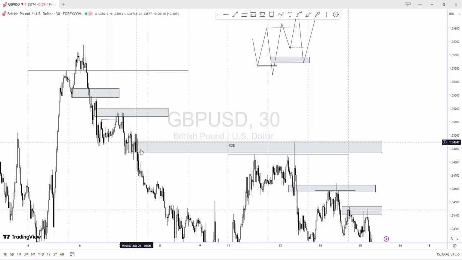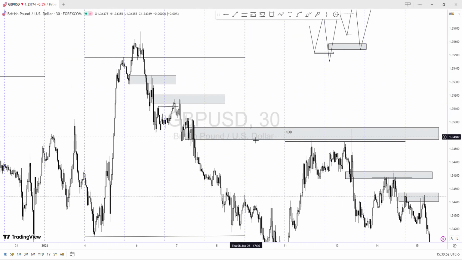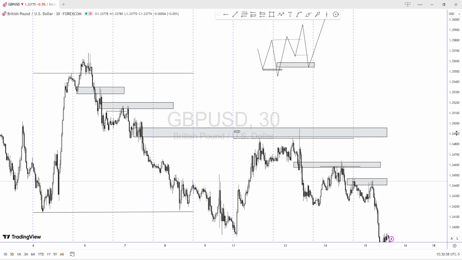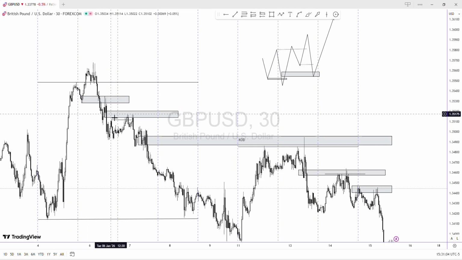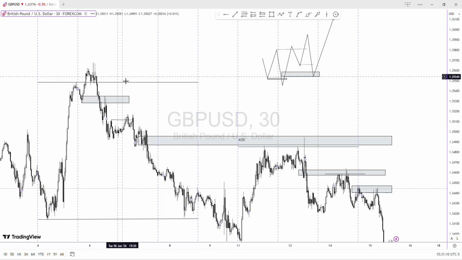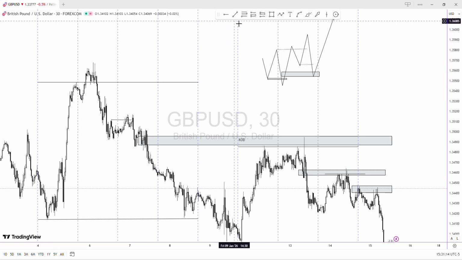All right. So this is it. If you notice something, before price drops, price takes out a high or takes out a low before pushing, right? So now look at this place.